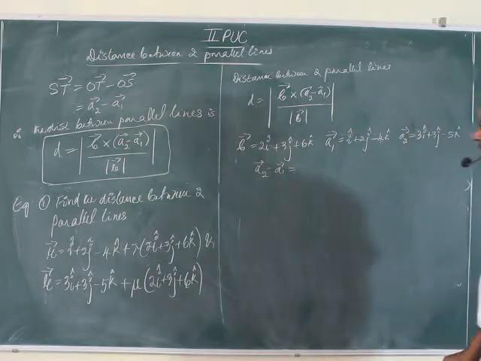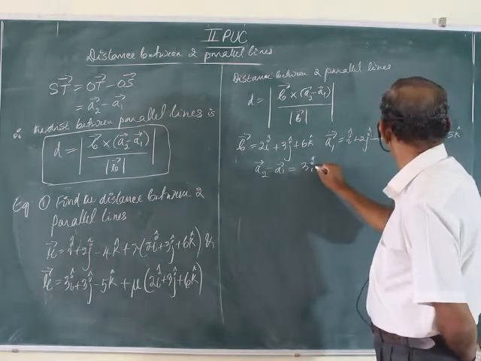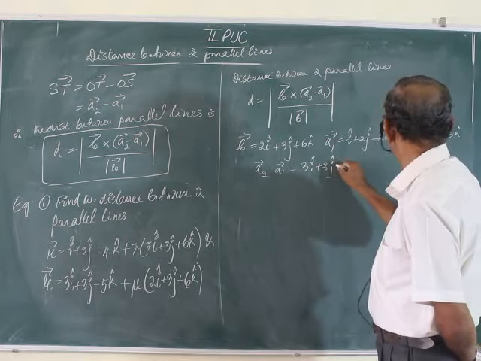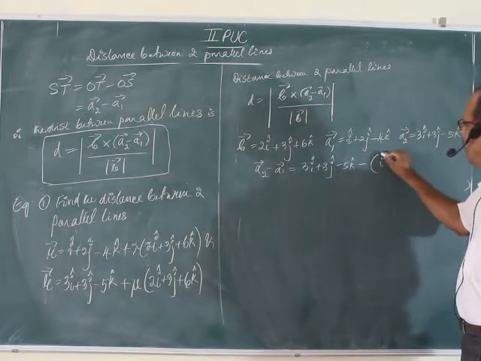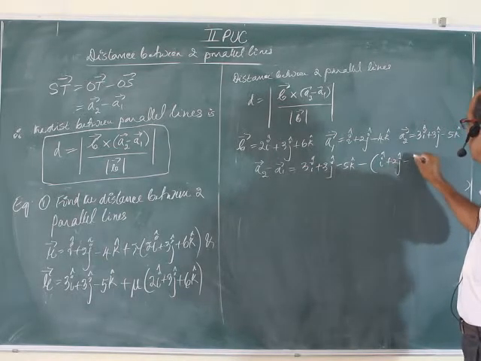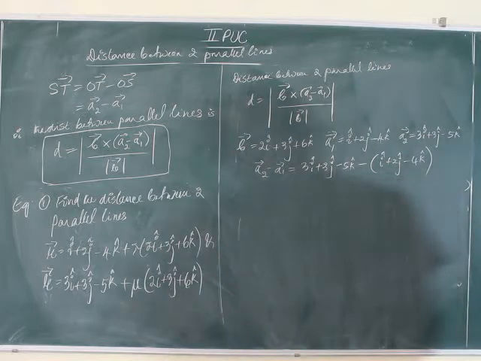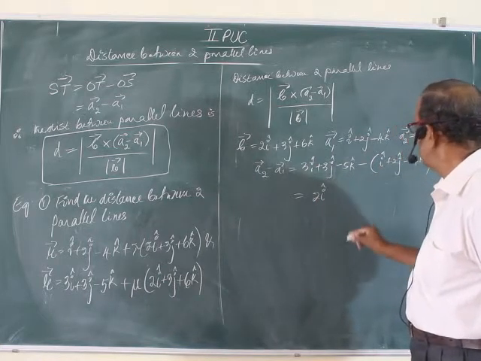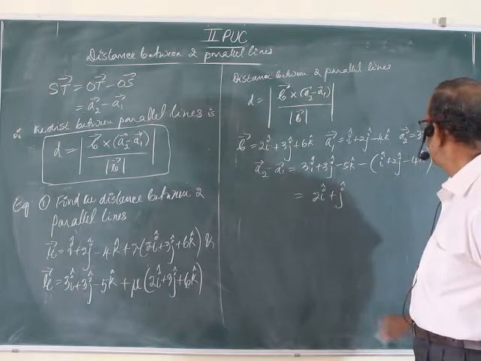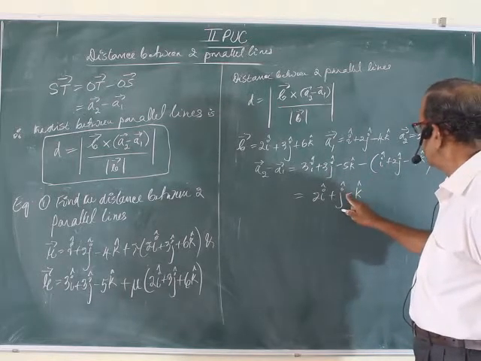A2 minus A1 is 3i plus 3j minus 5k minus i plus 2j minus 4k, equal to 2i plus j minus 5k minus of minus k.